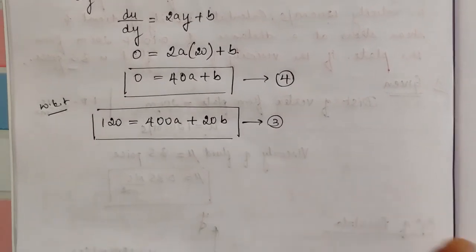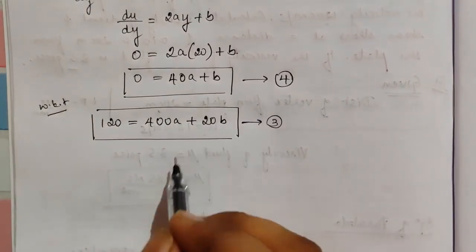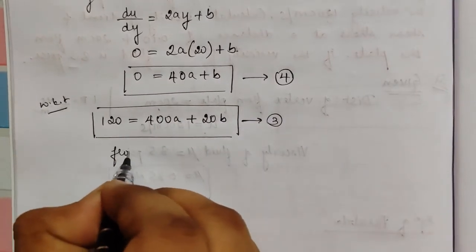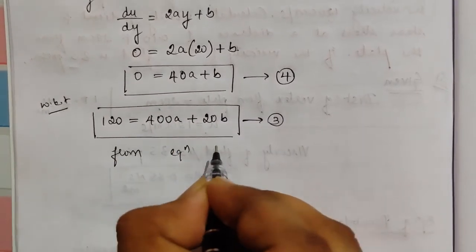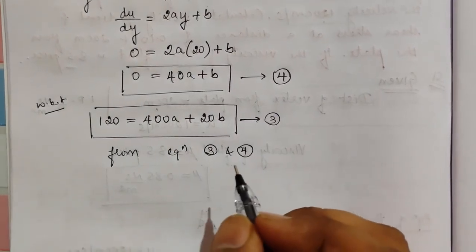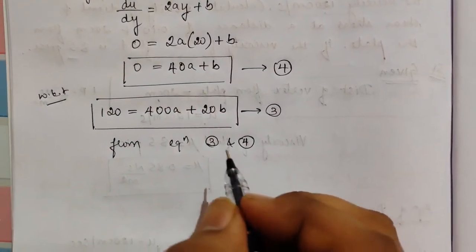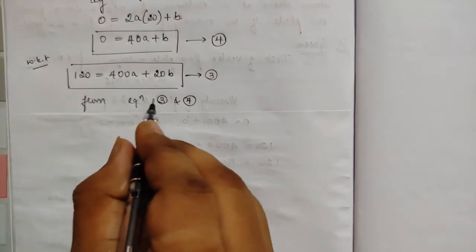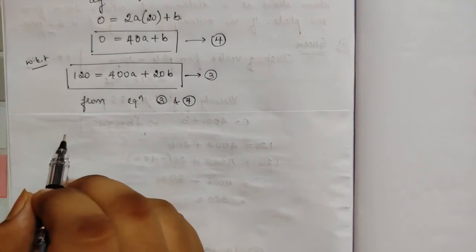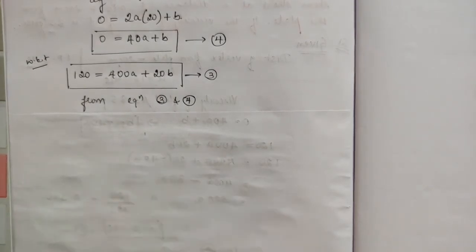So now I want the value of a and b. So from equation 3 and 4, what I'll do? Equation 3 is 120 is equal to 400a plus 20b, and equation 4 is 0 is equal to 40a plus b.